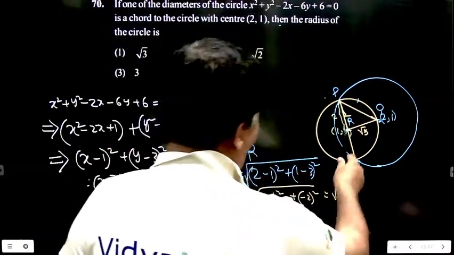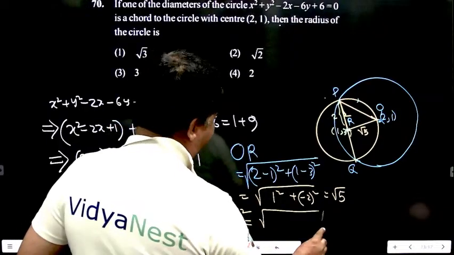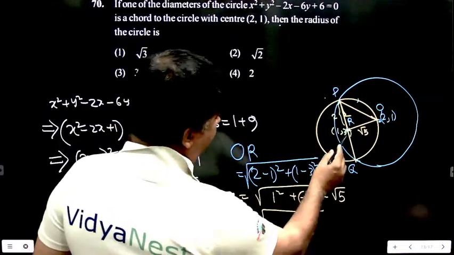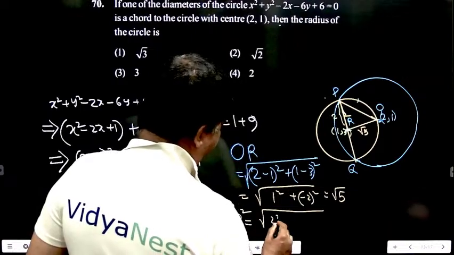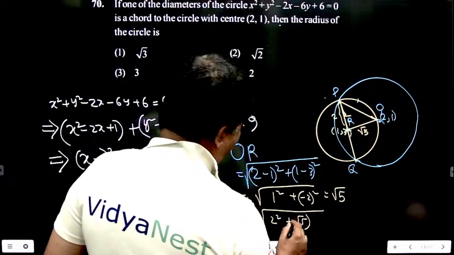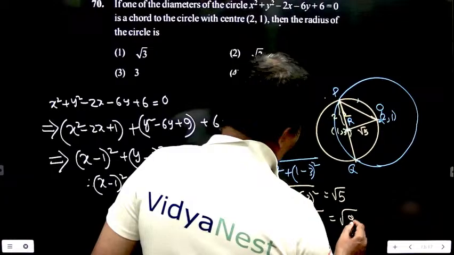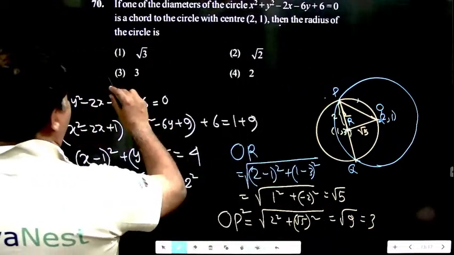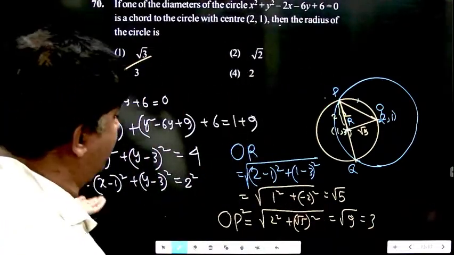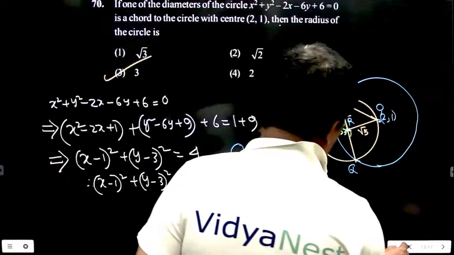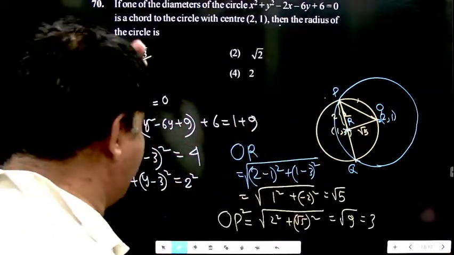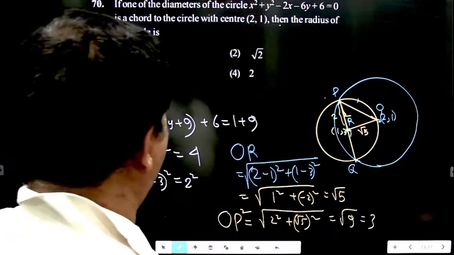Okay. Now Pythagoras theorem: 2 square plus root 5 whole square, root 9, 3. Sometimes simple calculation can put you in confusion. So simple sum this is, but sometimes simplicity brings some confusion in mind.